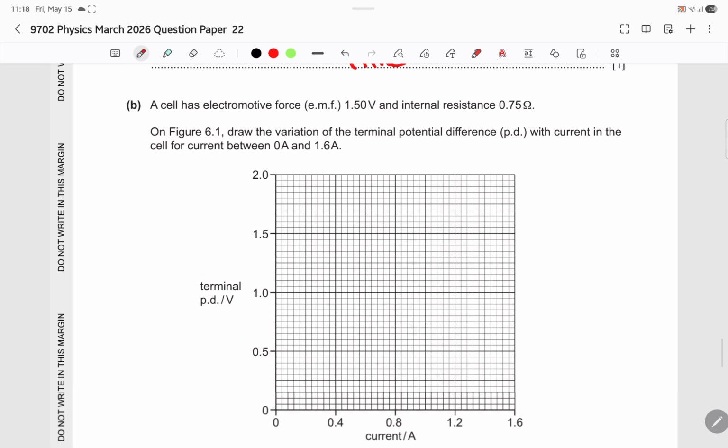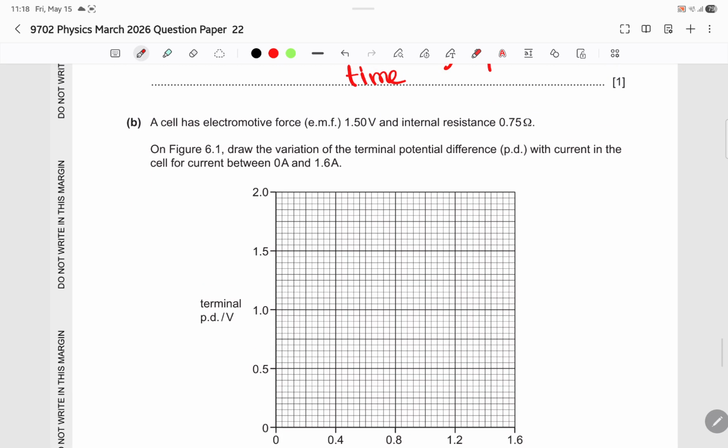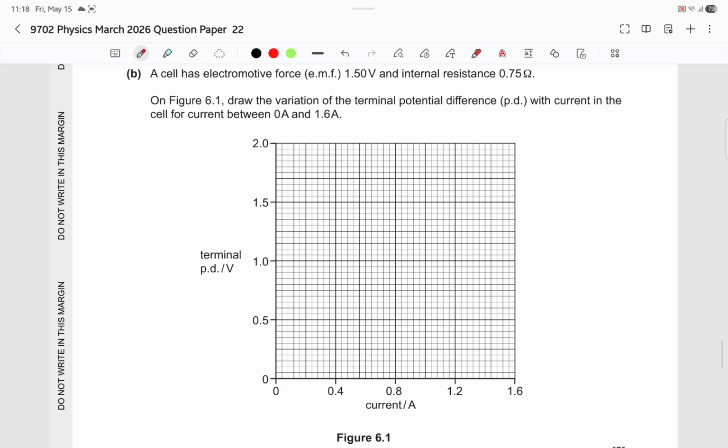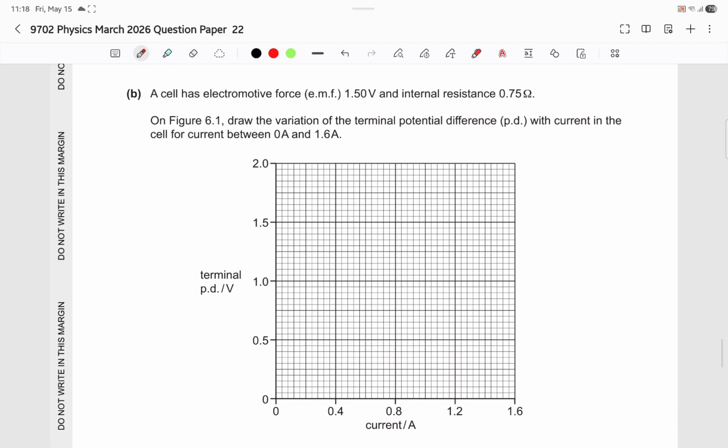Okay, now a cell has an electromotive force, EMF, of 1.50 volts and an internal resistance of 0.75 ohms. On figure 6.1, draw the variation of the terminal PD with the current in the cell for current between 0 amps and 1.6 amps.